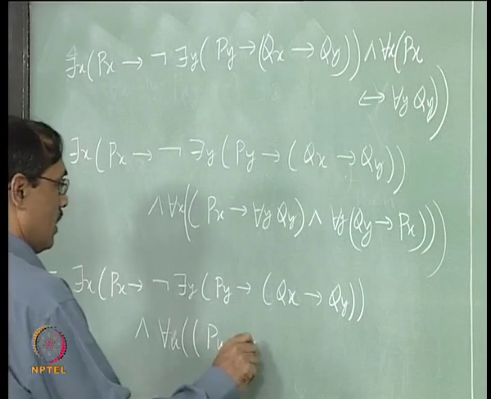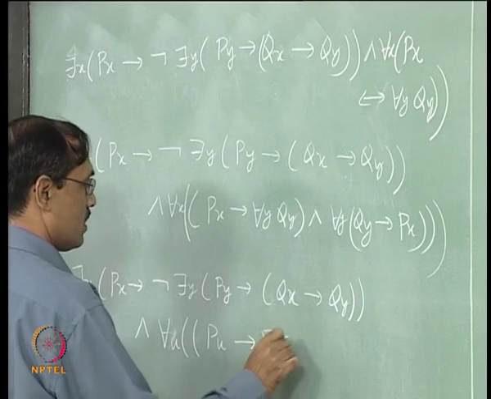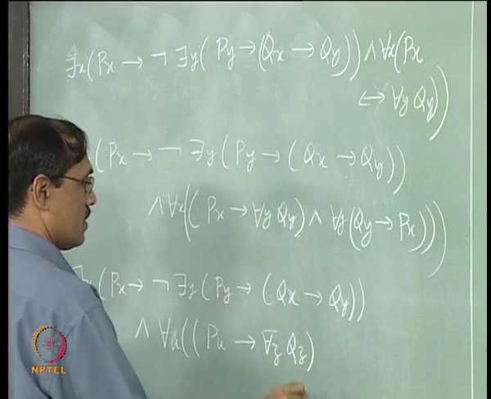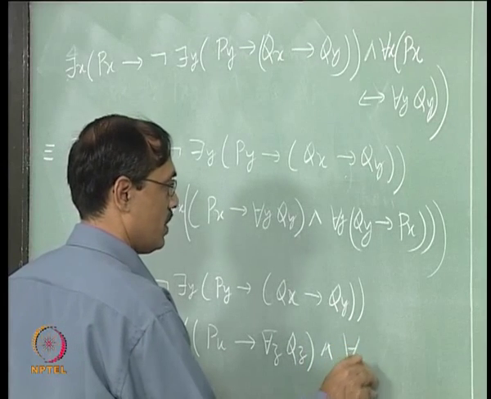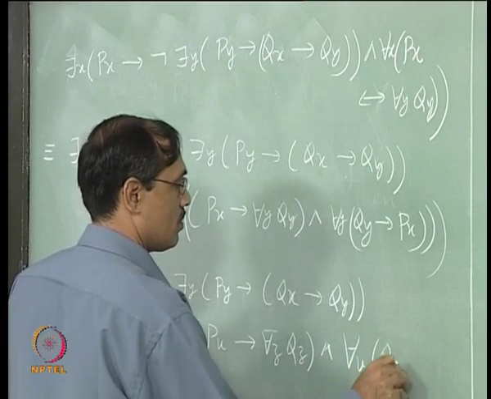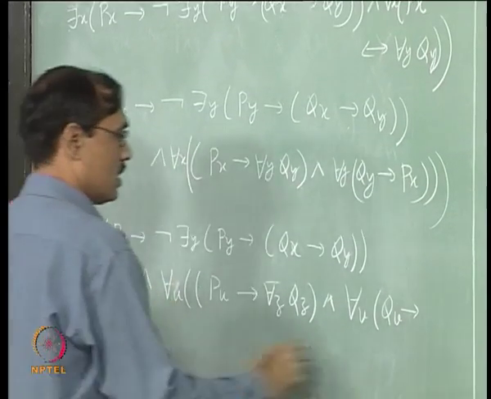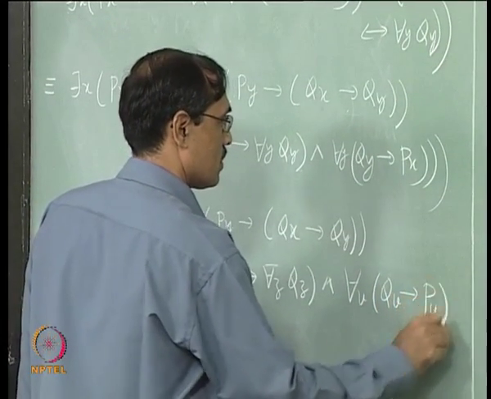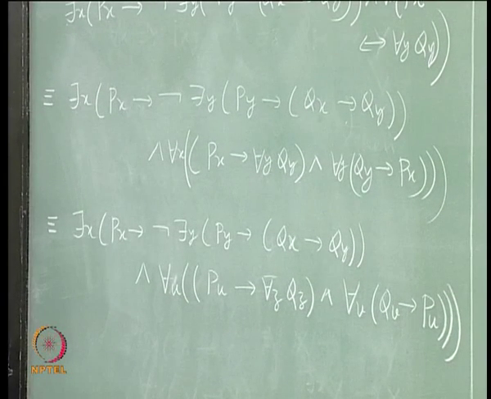And this y is to be renamed, let us write for each z q z, this y also is to be renamed. So, for each v q v implies this x within this scope. So, that is u. Is that okay?